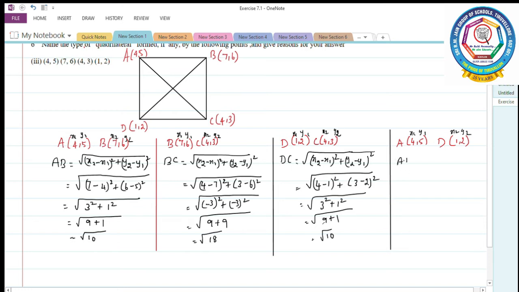AD equals square root of (x2 minus x1) the whole square plus (y2 minus y1) the whole square.